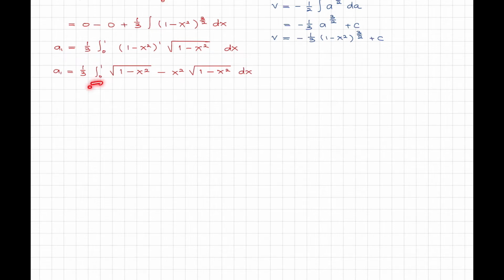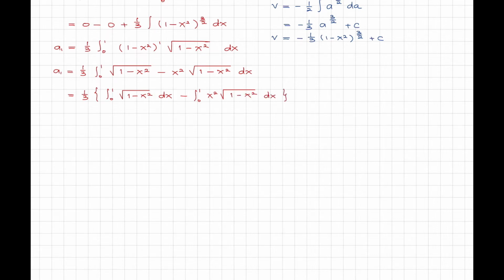And then we can separate the integrations here because we get a subtraction. So I can write it as 1 over 3 open bracket integration of 0 until 1 square root of 1 minus x squared dx, this is the first part, minus integration from 0 until 1 x squared square root of 1 minus x squared dx.